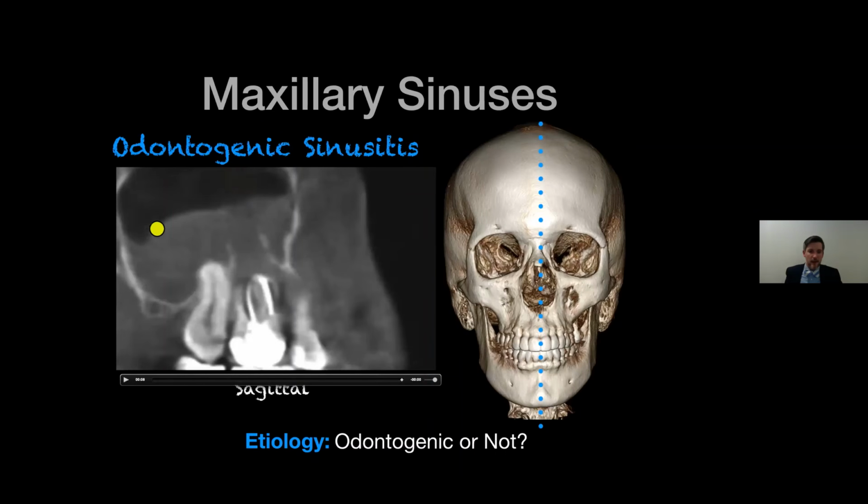Can I help with this inflammation in the sinus? Or is it really a dental issue that needs to be addressed by the dentist? So I always like to make the designation of whether the sinusitis is odontogenic or not.